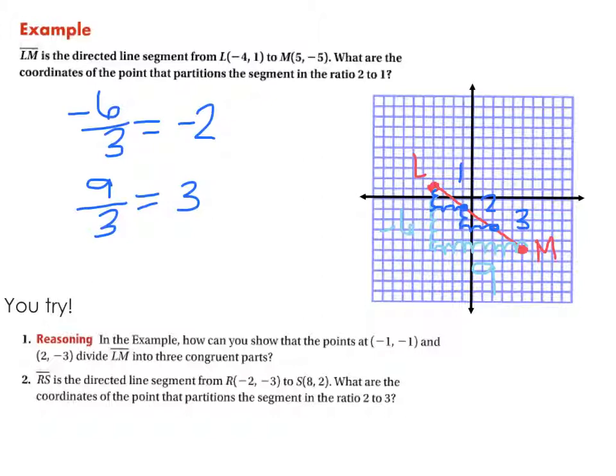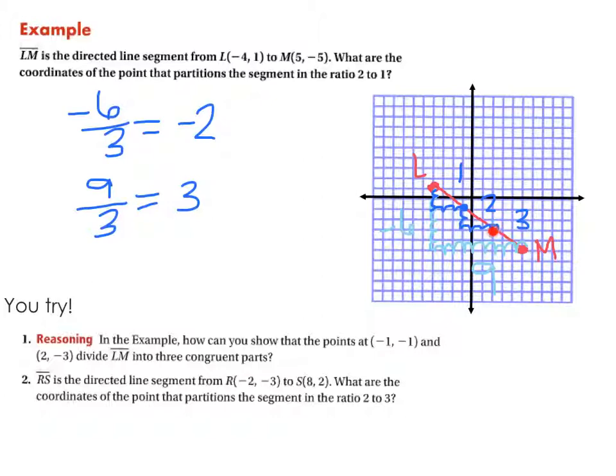If I want to partition my segment LM in the ratio 2:1, then the coordinate that I want to choose is the one where the length from L to that coordinate is twice the length from that coordinate to M. So if I choose this coordinate, then this length in regards to this length is only half.